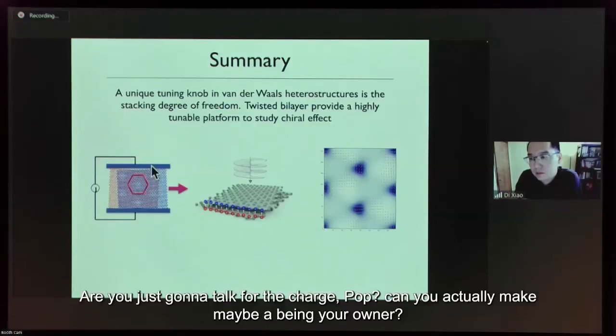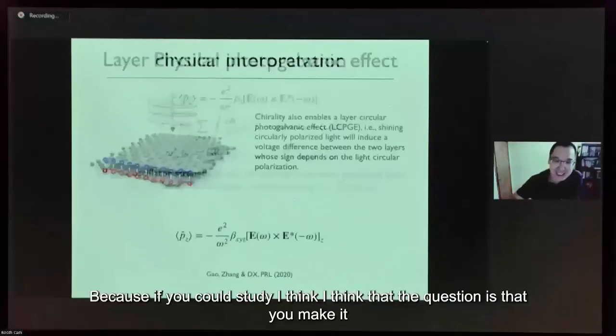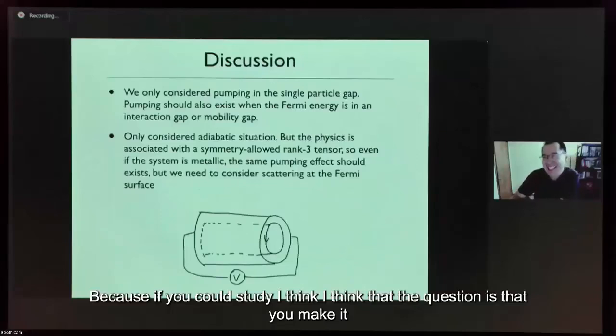Very interesting talk. For the charge pump, can you actually make maybe a linear motor with it, if you put maybe a hetero bilayer of TMDs on top of each other and tune into the gap and drive a car? I think the question is, can you make it? See, I already made one here.